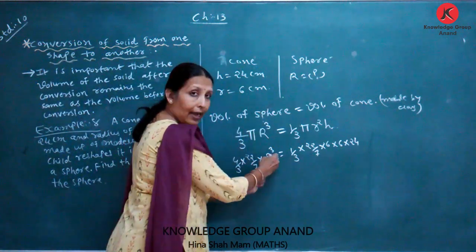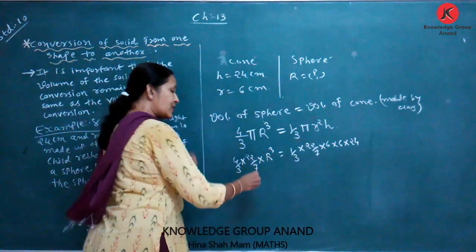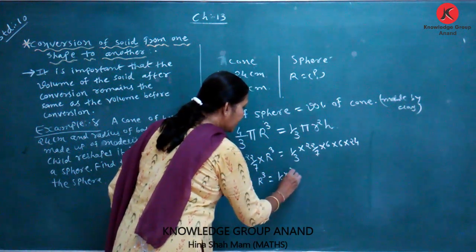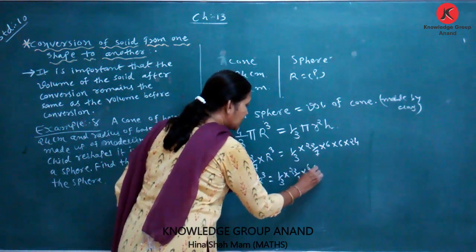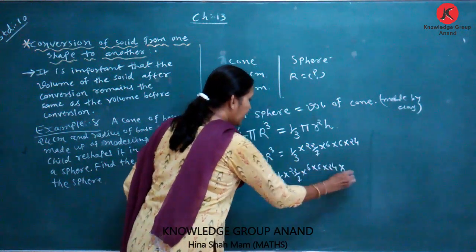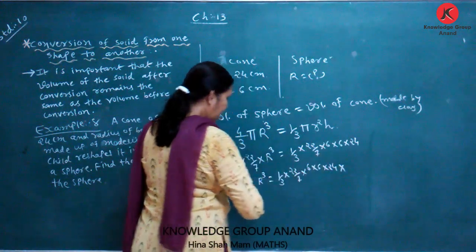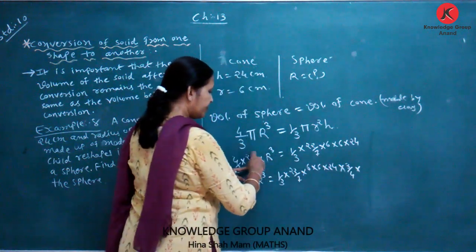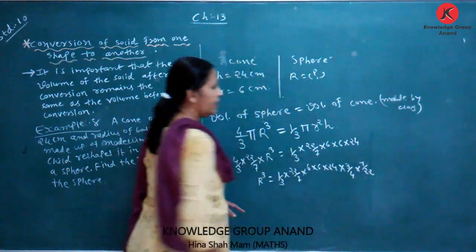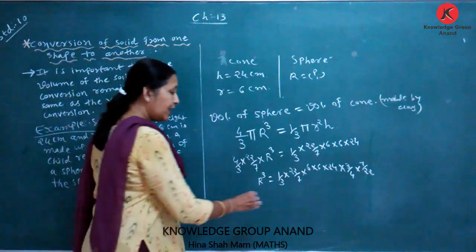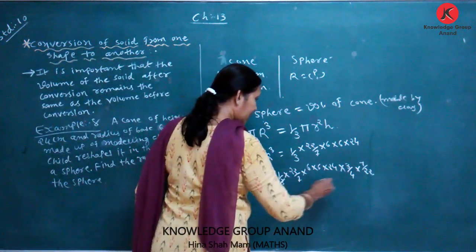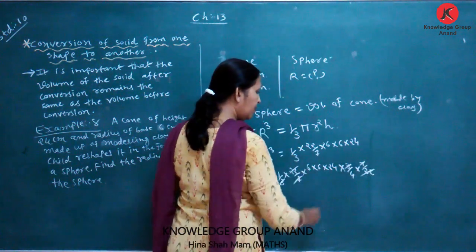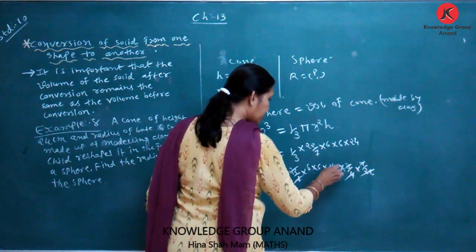Taking all terms to the opposite side, r cube is equal to 1/3 into 22 by 7 into 6 into 6 into 24 into 3 by 4 into 7 by 22. Division becomes multiplication. Then we cancel 3, 3, 7, 7, 22, 22, and 4, 6.